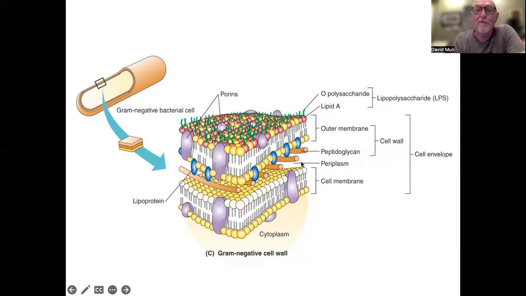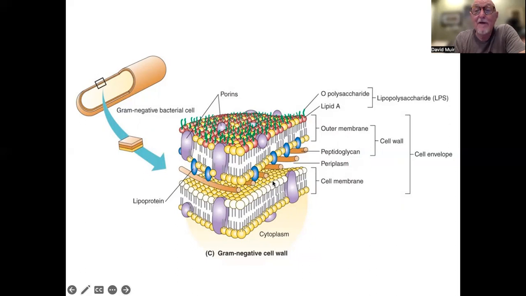This has an important function because also embedded in the outer membrane, just as we would have had in the cell membrane, are many, many proteins. And many of the proteins of the outer membrane are concerned with capturing and transporting relatively rare molecules from the environment and accumulating them in the periplasm.